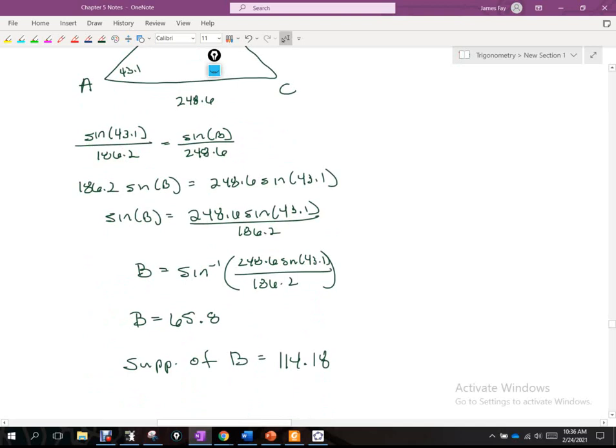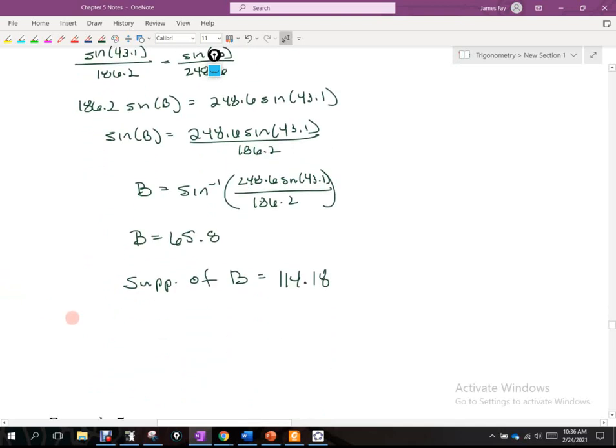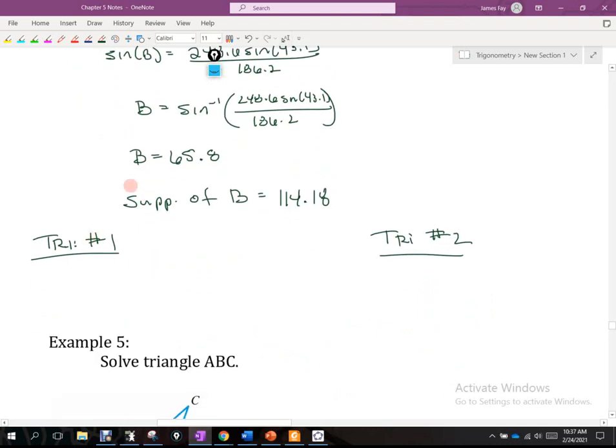So once I've made that connection, I'm just going to organize my work. I'm going to say triangle number 1 and triangle number 2. Triangle number 1, we've already got most of the work done. We know that angle B is going to be 65.8, rounded to 2 decimals, 65.82.